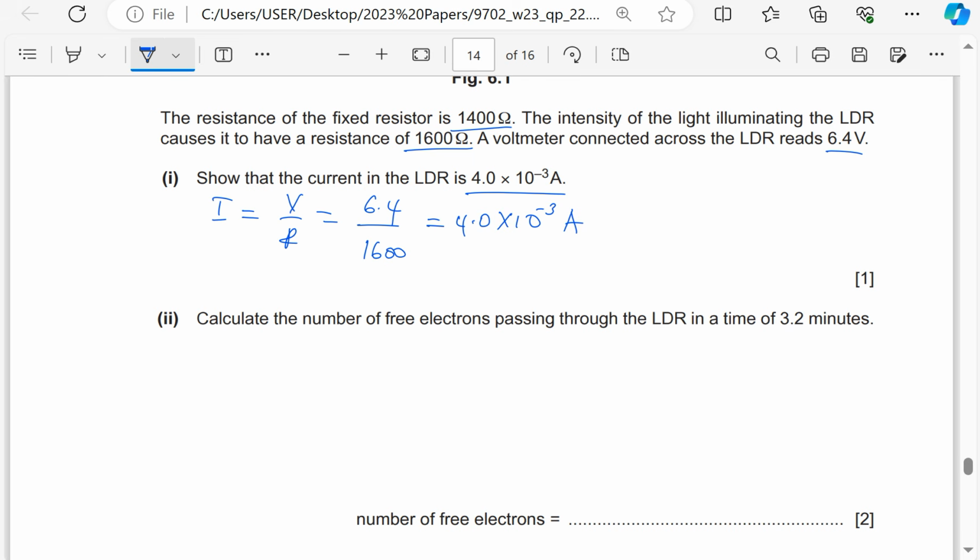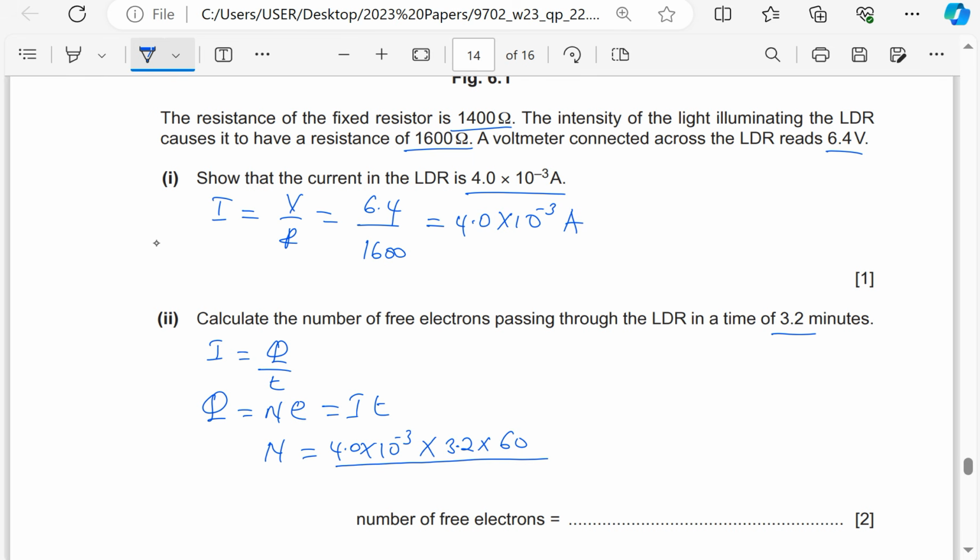Then calculate the number of free electrons passing through the LDR in a time of 3.2 minutes. We know that current is equal to the charge over time. So the total charge, which is the number of free electrons times the charge of each electron, is I times t. So the number of free electrons is going to be the current, 4.0 times 10 to the power of minus 3, times the time, 3.2 times 60 to change it to seconds, divided by e, which is 1.6 times 10 to the power of negative 19.